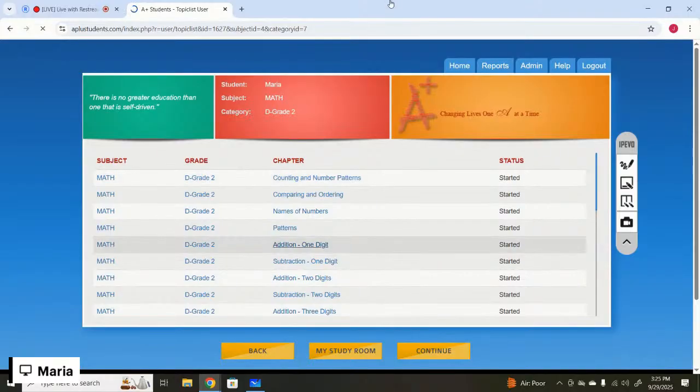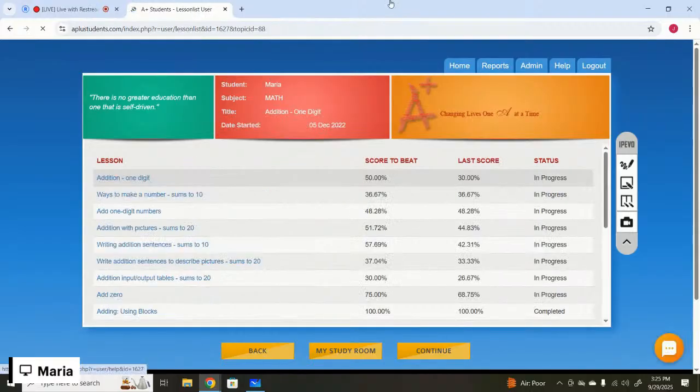Addition one digit. Let's start the next chapter. That is addition one digit. Let's start with the first lesson, addition one digit.